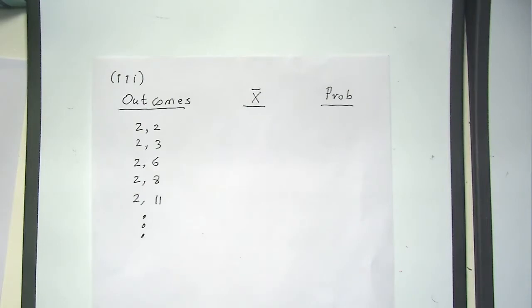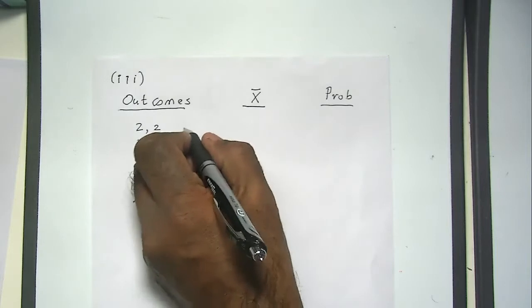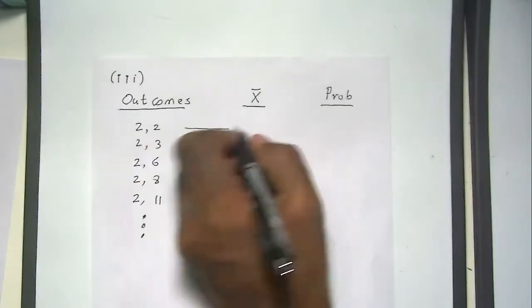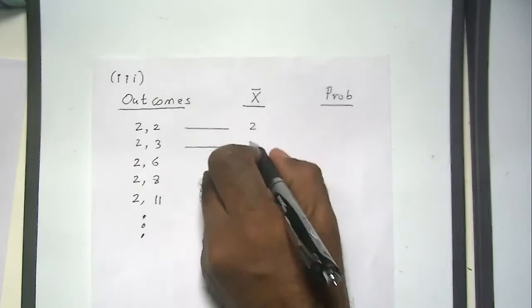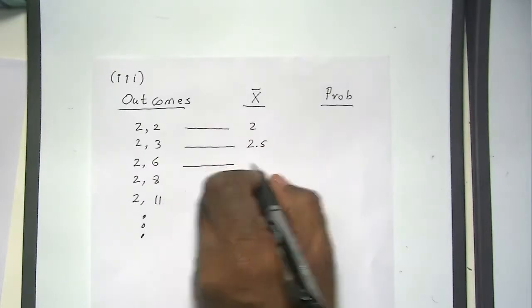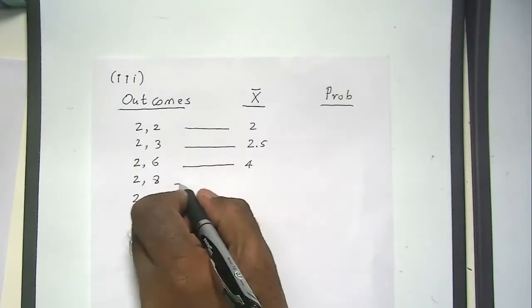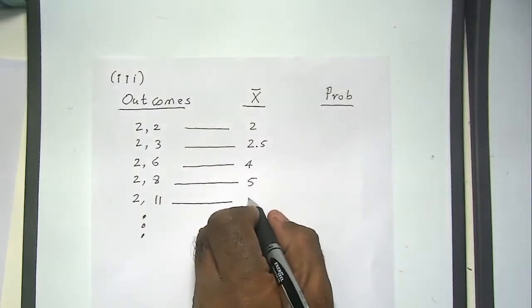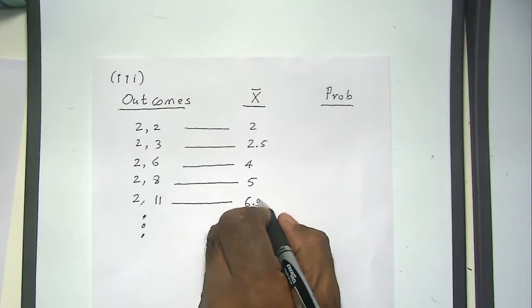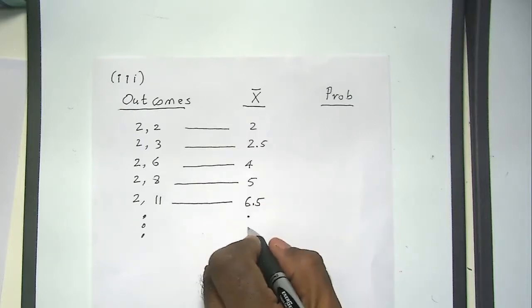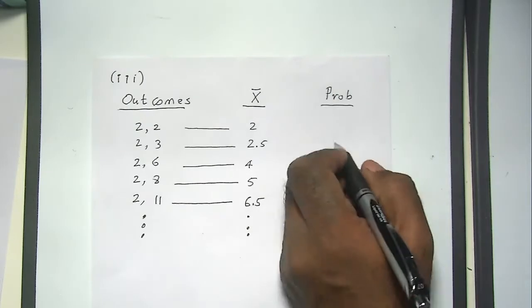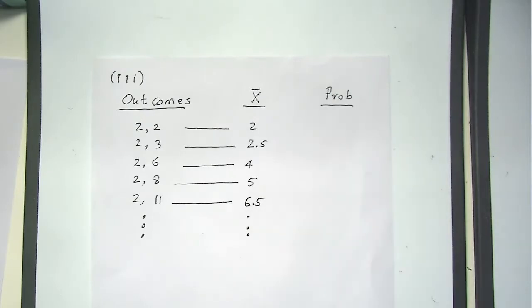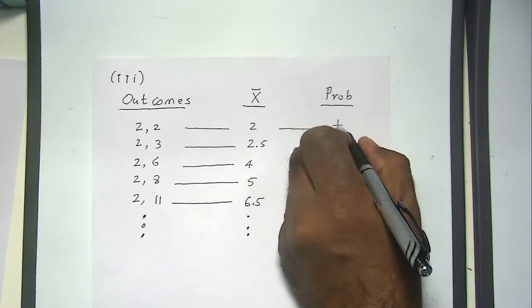For each outcome, for this x bar is 2, for this x bar is 2.5, for this x bar is 4, for this x bar is 5, and for this x bar is 6.5, and so on. So you need to complete this table. And because all the 25 outcomes are equally likely, the probability of each outcome will be 1 over 25.